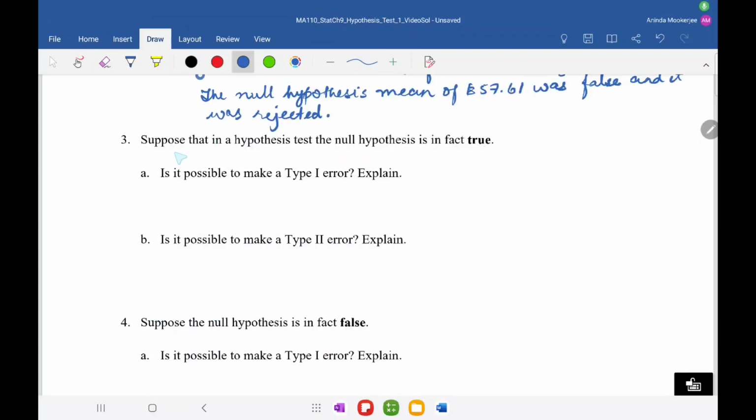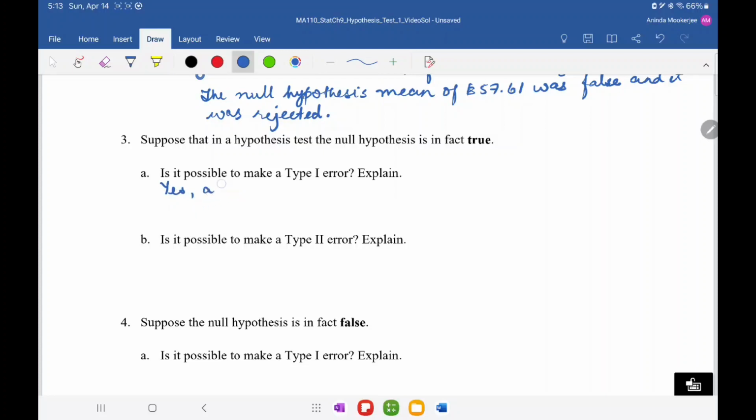Now, question number 3 is still on error type. So let's see what they're asking. Suppose that in a hypothesis test, the null hypothesis is in fact true. Is it possible to make a type 1 error? Explain. If the null hypothesis is true, the only type of error we can make is the type 1 error. All right. So your answer should be yes.